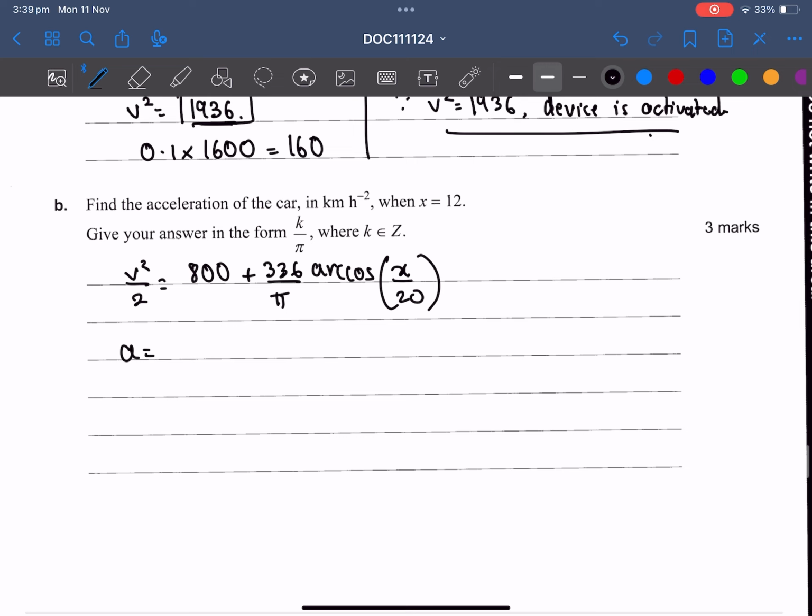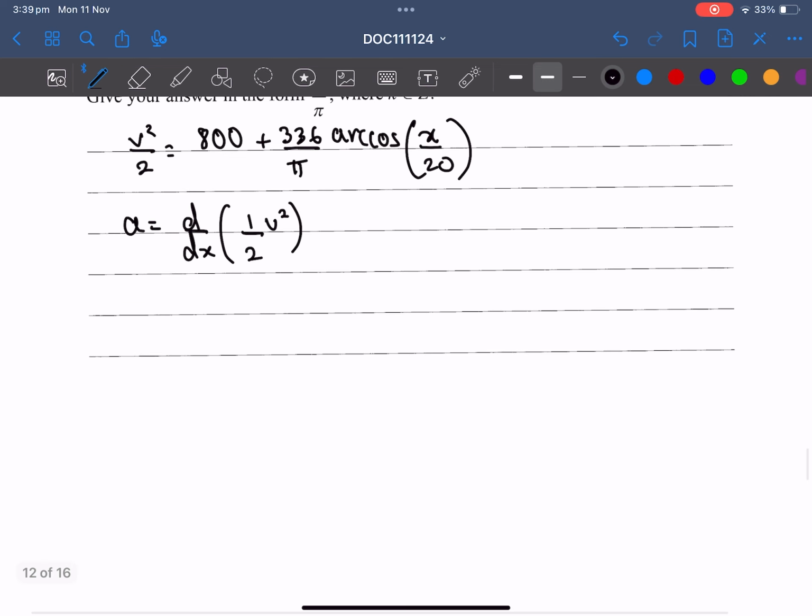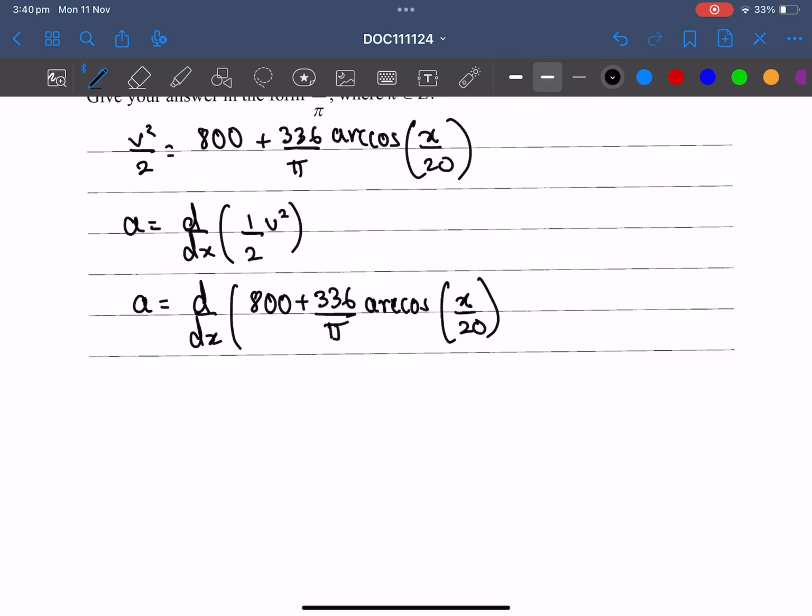Now we'll just differentiate. Of course, we state that that is what we are going to be using. So now a is equal to d/dx of 800 plus 336 on pi arc cos of x on 20.